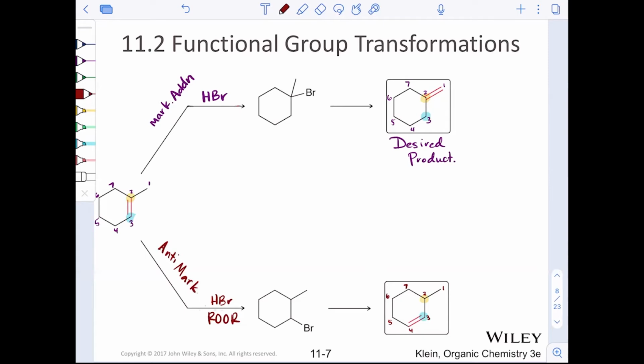And then the last thing, the elimination. Let's go back up to our desired product. 1, 2, 3, 4, 5, 6, 7. We want that pi bond between carbon 2 and carbon 1, which means carbon 1 must be the beta to my alpha with the leaving group.